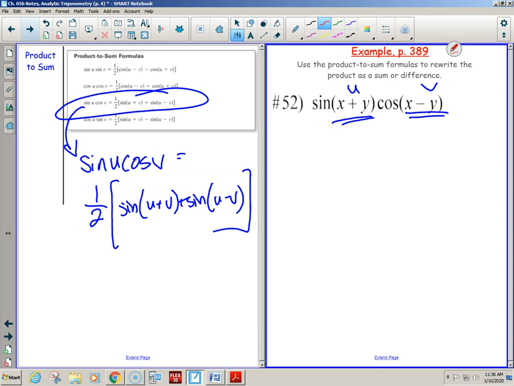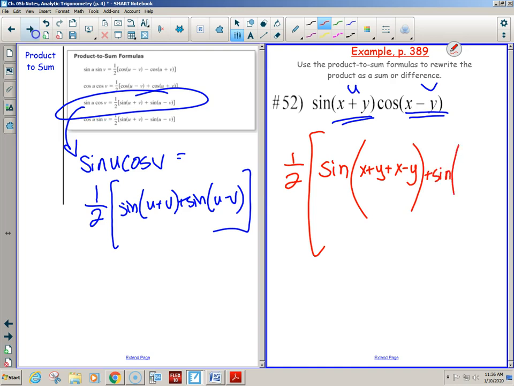So sine of u cosine of v can be rewritten as 1/2 times sine of u plus v. So x plus 1 plus x minus 1, and then plus sine of u minus v. So x plus 1 minus x minus 1.